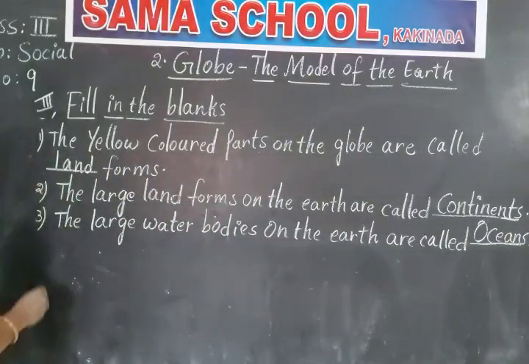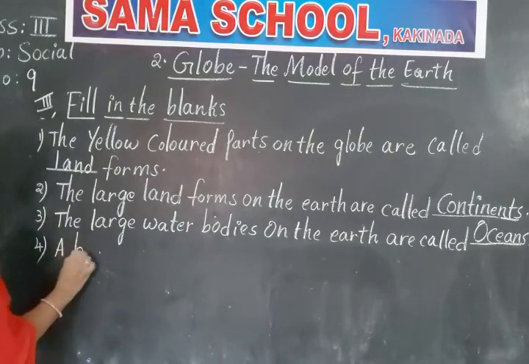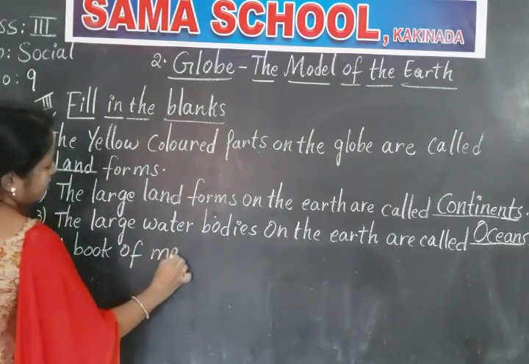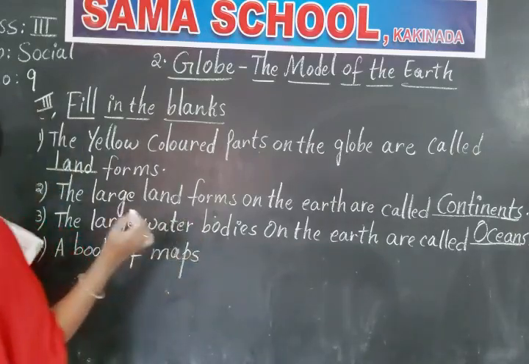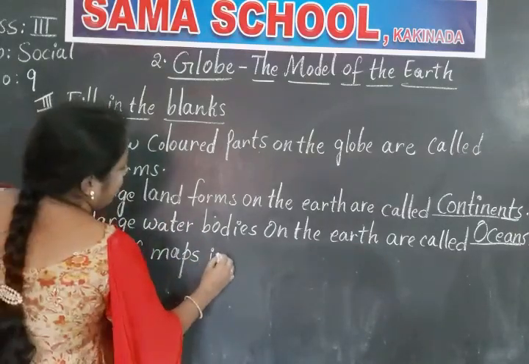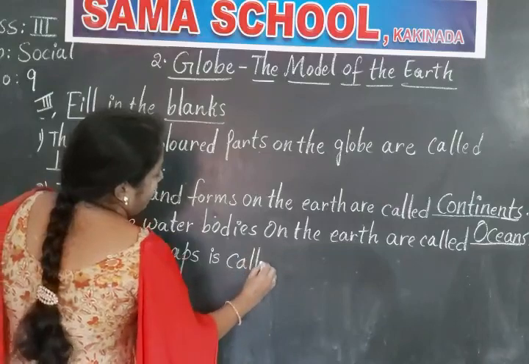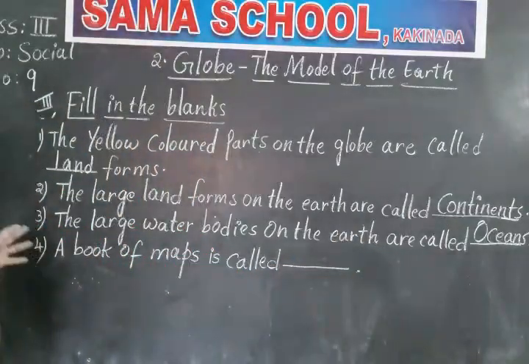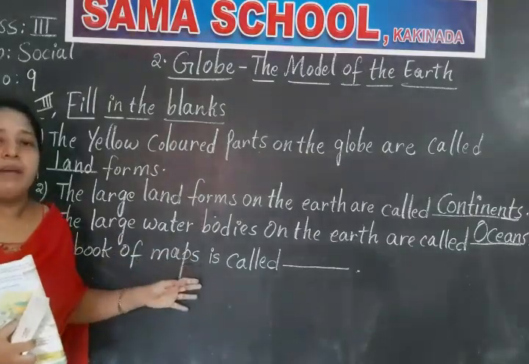Let's move to the next line. A book of maps is called dash. Okay, actually, first tell me what is a map.